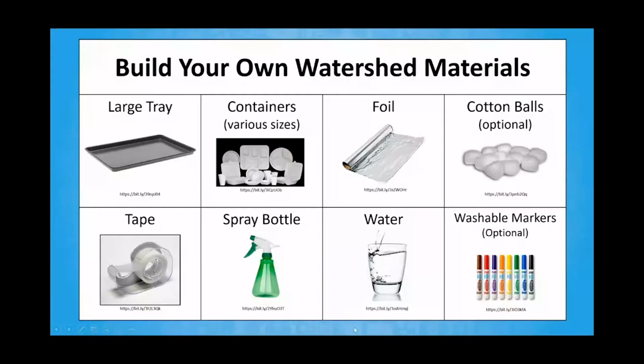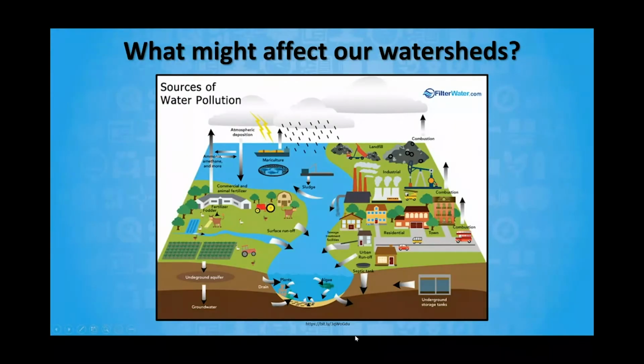And I'm going to switch back to this PowerPoint here so we can talk a little bit about what we just saw. So in that model of your watershed, you were able to see all of that pollution, all of those different human impacts, things that we do that go in and impact or join in that shedding of water. It was all moving to some other area.